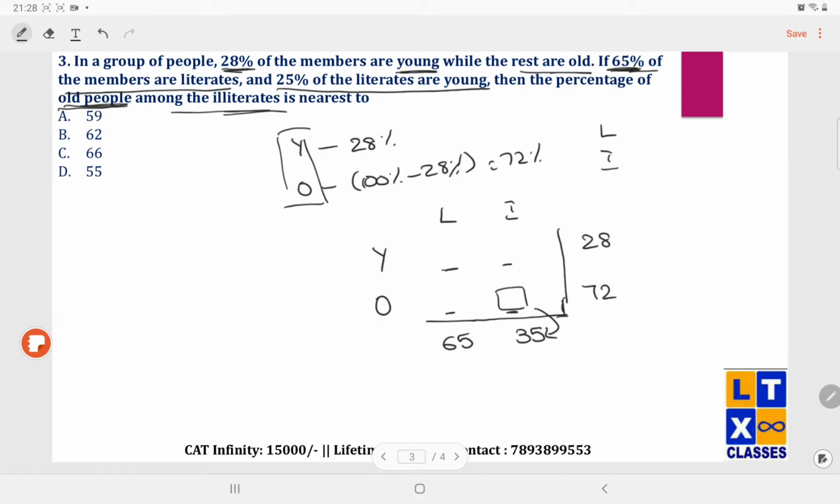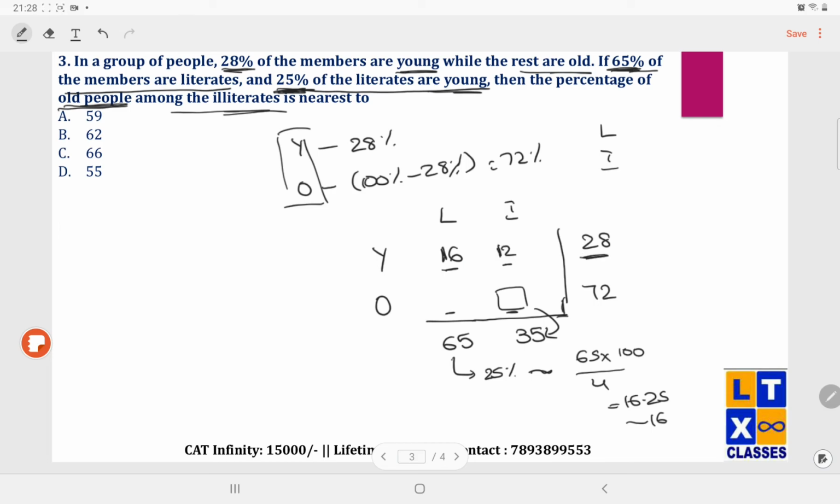For us to identify this, there is one piece of information which is given: 25% of literates are young. So if literates are total 65, how much would be 25% of that? I will just take the approximation, 65 into 100 by 4. I can say 16.25, which is approximately 16. So if I take young literates as 16, out of 28, how many would be young illiterates?